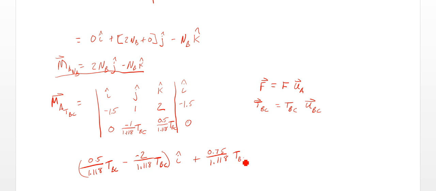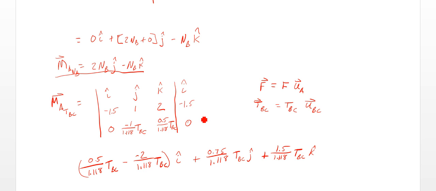That's still the tension BC in the J direction. And then finally in the K direction, we're going to have plus 1.5 over 1.118 tension in BC times K. So that's crossing this direction, subtracting off 0K.